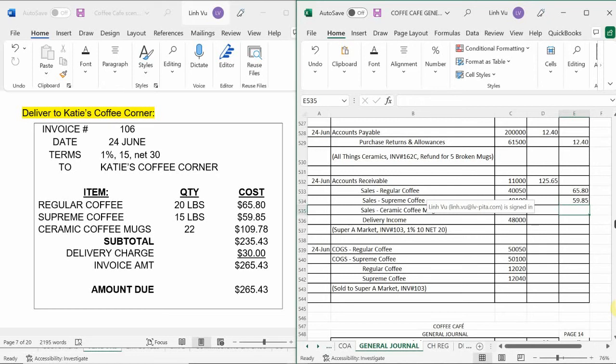The coffee mugs we've got at 109.78. Delivery income is $30, and so our total is 265.43. Good. We changed the note to Katie's Coffee Corner, invoice 106.